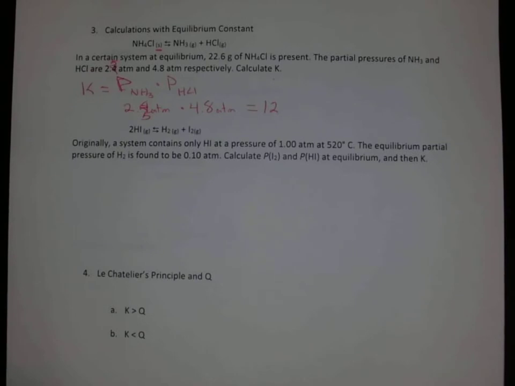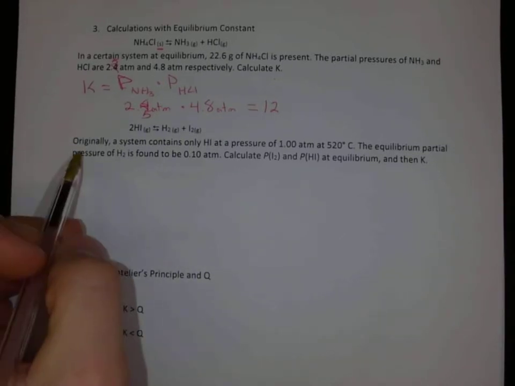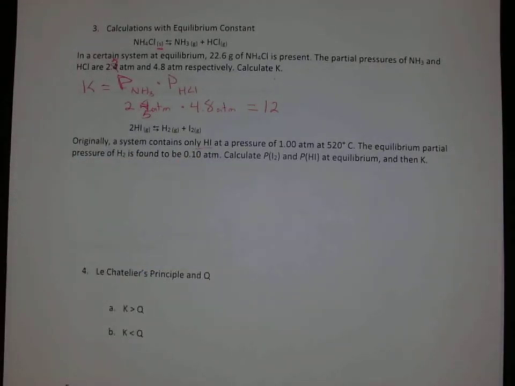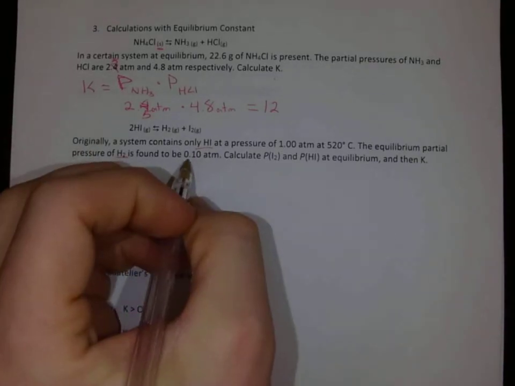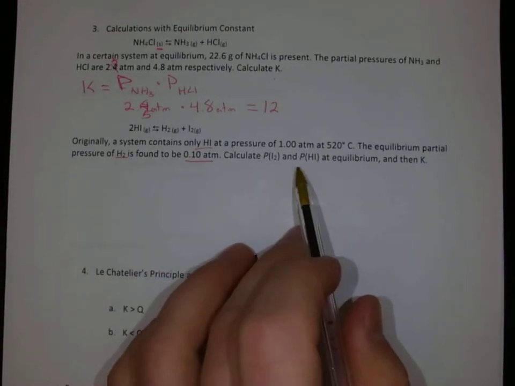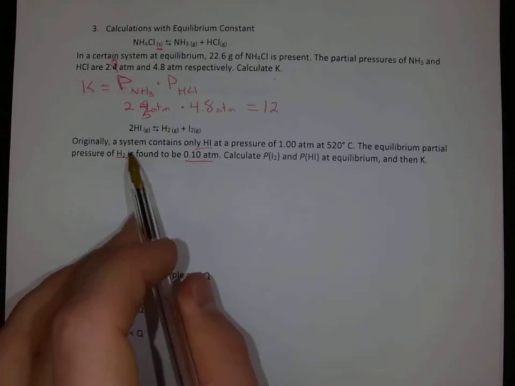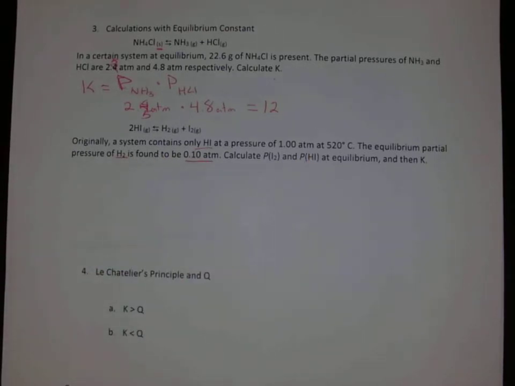This next system is a little bit more difficult because what it says is that originally a system contains only HI at a pressure of 1 atmosphere at 520 degrees C. The equilibrium partial pressure of H2 is found to be 0.1 atmospheres. So calculate the partial pressure of I2 and the partial pressure of HI at equilibrium, because this pressure that is given is not at equilibrium, okay?